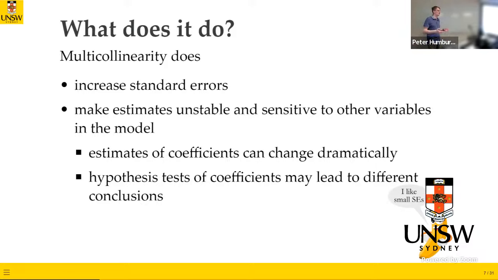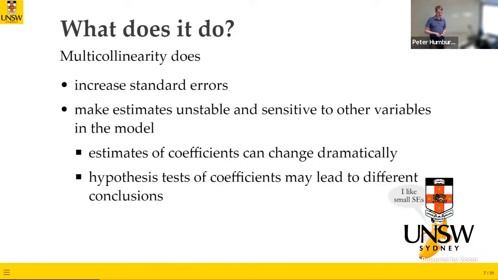Your estimates will look very different, and your p-values may be significant in one case and not in the other. And that will lead you to different conclusions. And that's worrying, right? Because making a small change to your model should not drastically change your conclusions.